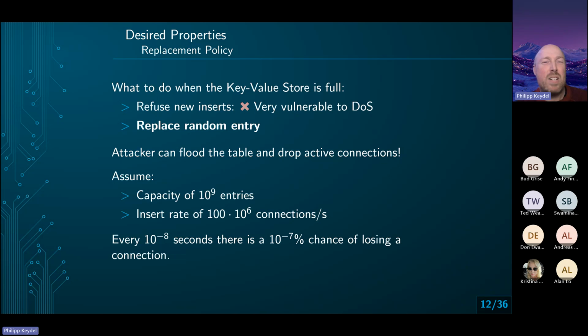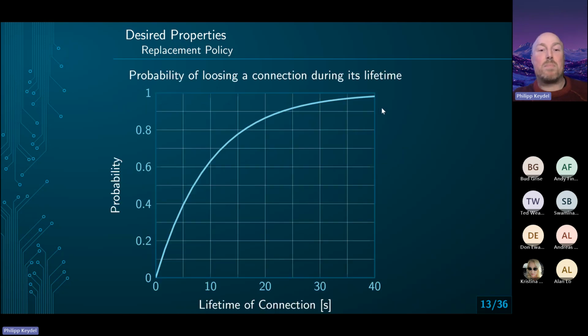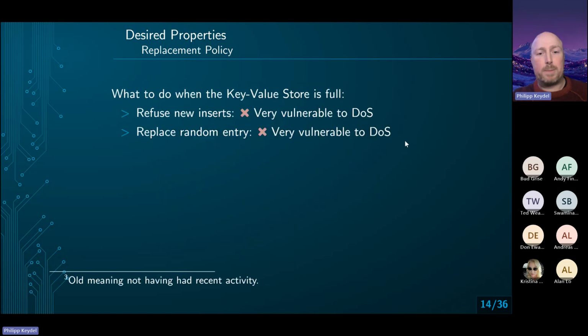Now that might not sound too bad, but since those probabilities accumulate over time, in practice, this is pretty bad. So a legitimate download will have a 50% chance of failing after roughly 7 seconds and a 90% chance of failing after a little more than 20 seconds. And that will for sure result in a lot of unhappy customers.